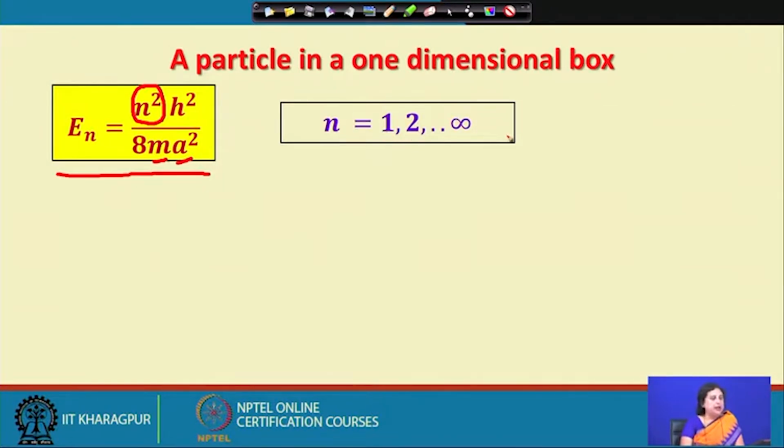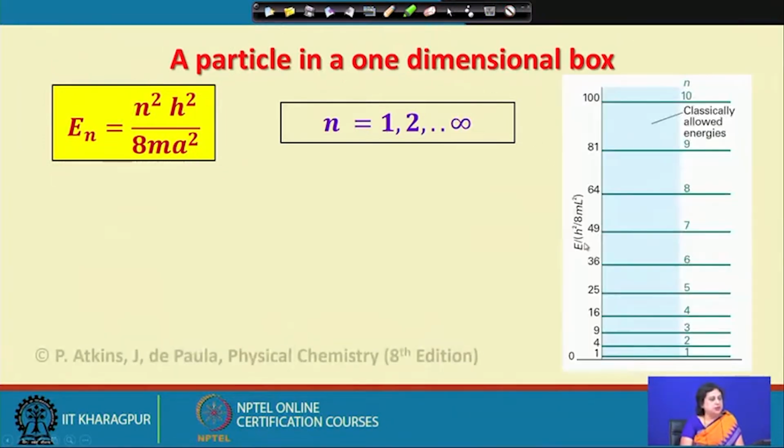Therefore, for a particle in a one dimensional box, once again we are faced with the situation that an infinite number of microscopic states is possible, and for each value of n, I have an associated value of E_n, which gives the energy eigenstate of my system. If I want to have a closer look, this is how the energy states vary with the quantum number.